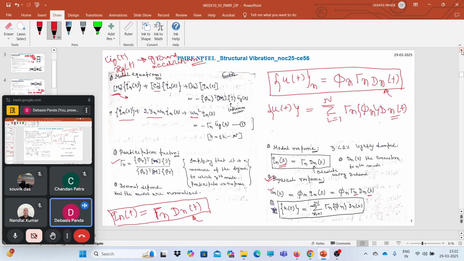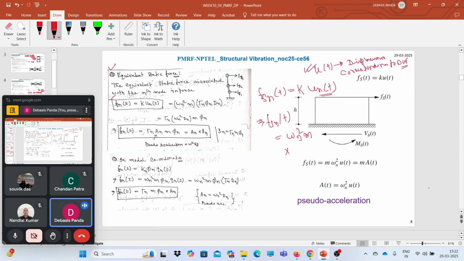Already we have calculated that u of t is nothing but phi n into the participation factor into dn. So you can use this information here, participation factor, phi n into dn. What is the physical meaning of this participation factor? It tells us how that nth mode will contribute to the final response quantity.